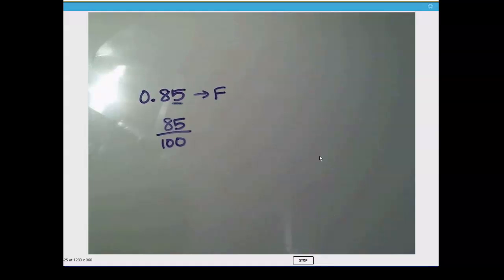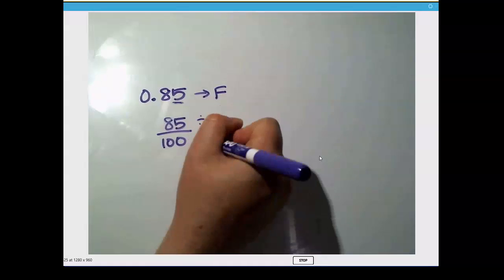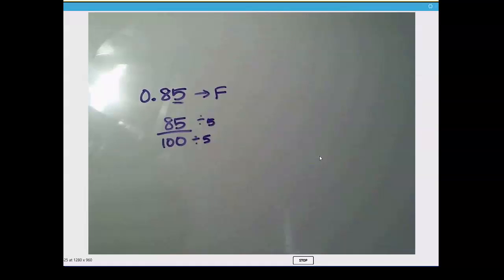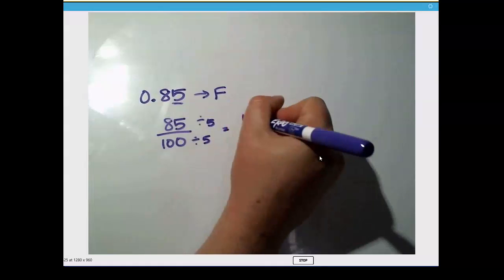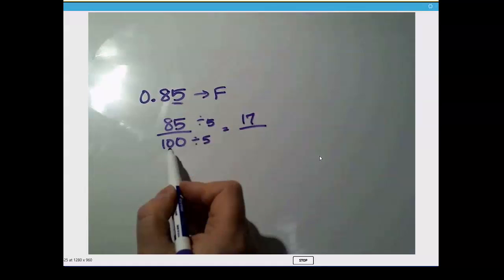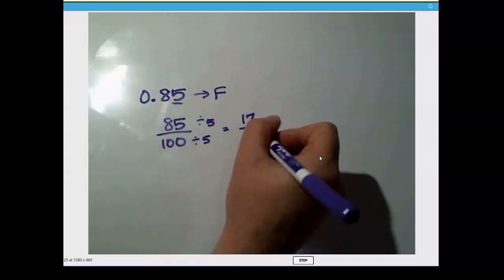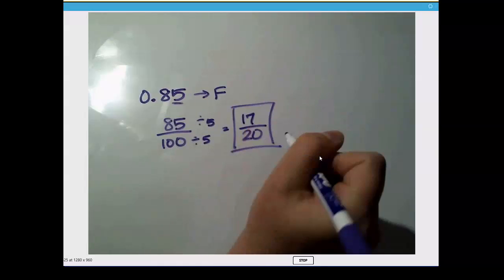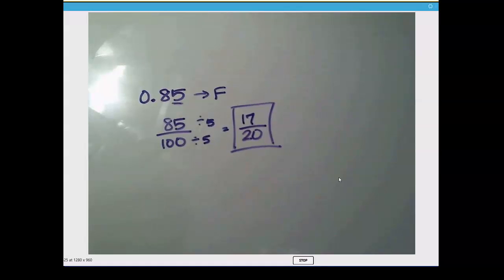So it sets up like that to begin with, and then anytime you can simplify, that just finishes it off. 85 divided by 5 is 17, and 100 divided by 5 is 20. So the final answer is 17 over 20. All right, so that's how you change from decimal to fraction form if you forgot.